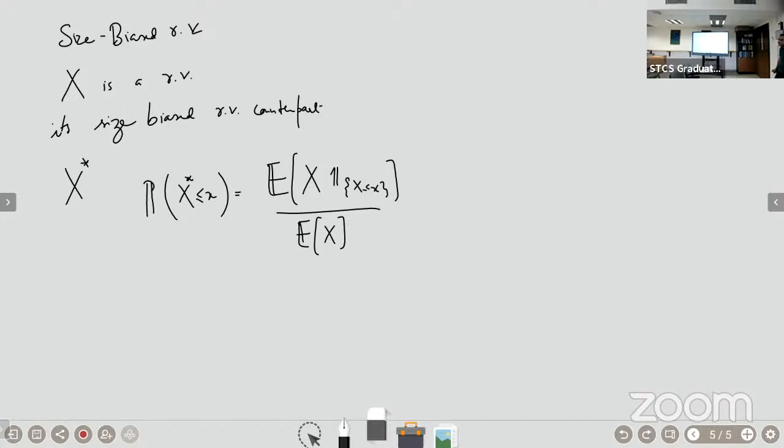So if the expected value of x is 1, then they are equal. Yeah, that's not interesting. Compare x and x star somehow.